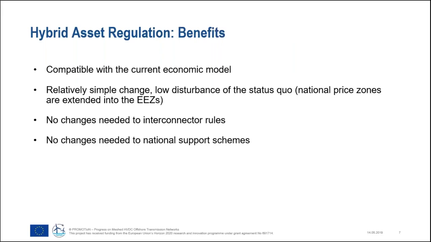What are the benefits of the hybrid asset regulation solution? First of all, it is compatible with the current economic model that we see, so with the EEZs being the bidding zones. Secondly, it is a relatively simple change. There's low disturbance of the status quo, so national bidding zones are extended into the EEZs, and no changes are needed to the existing interconnector rules.